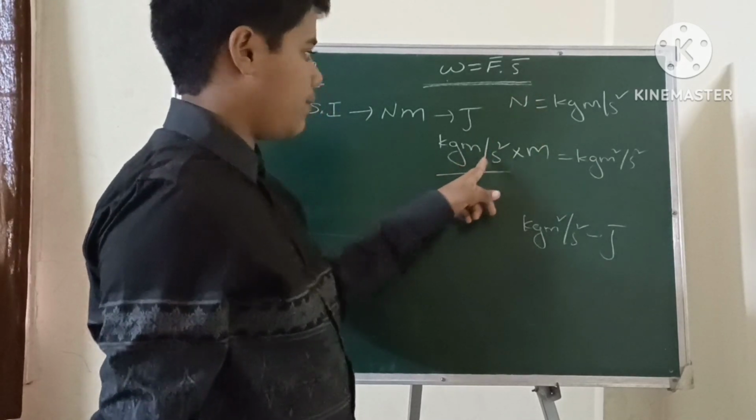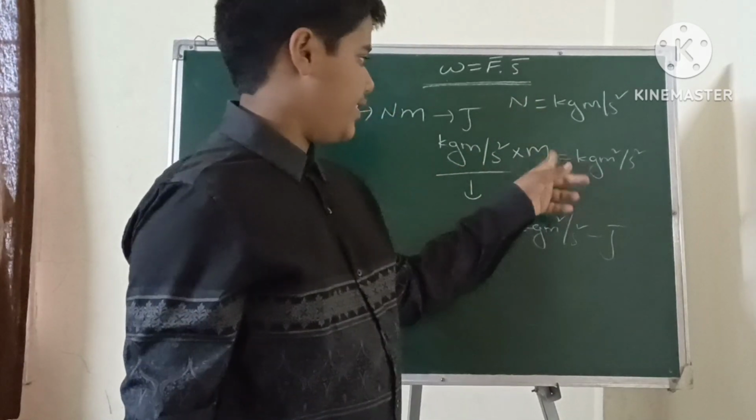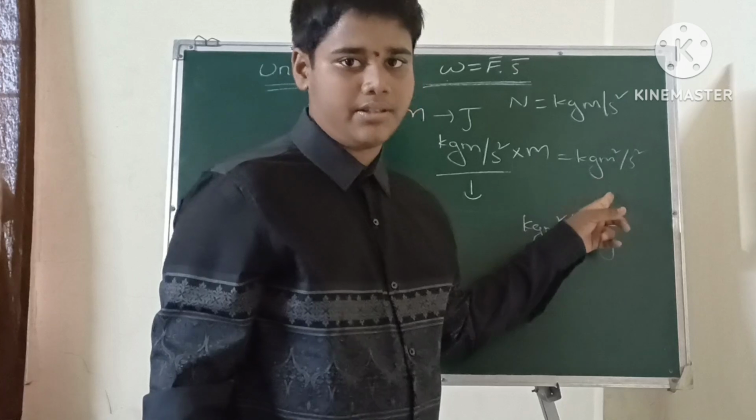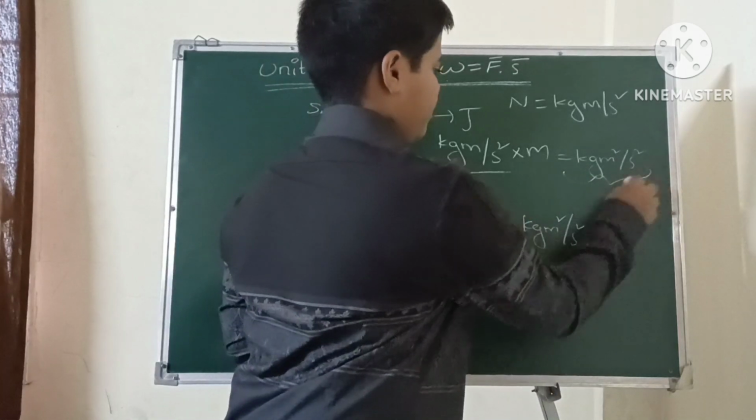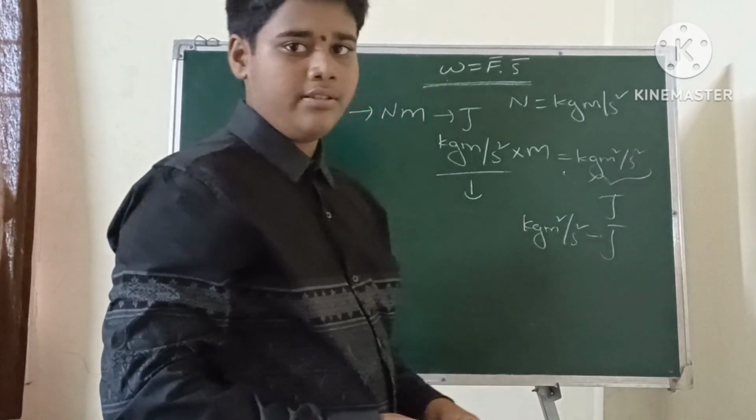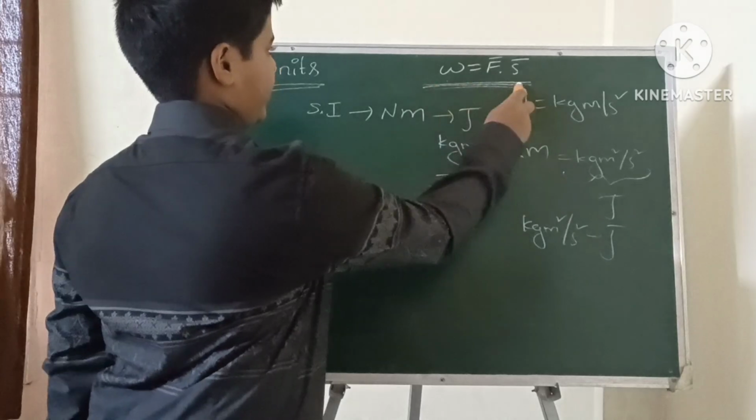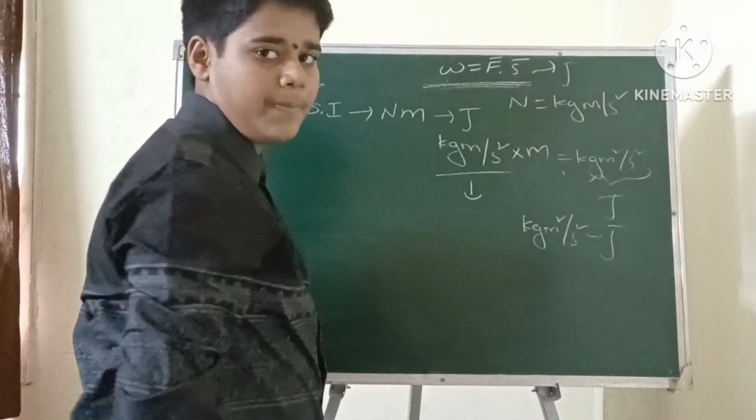So kg meter per second square into meter is equal to kg meter square per second square. This unit is joule. Okay? So the SI unit of work is joule.